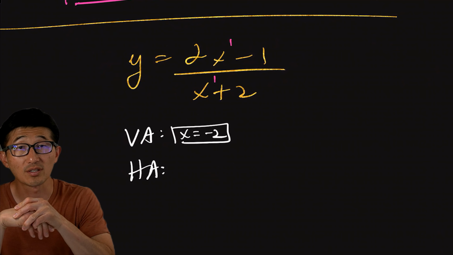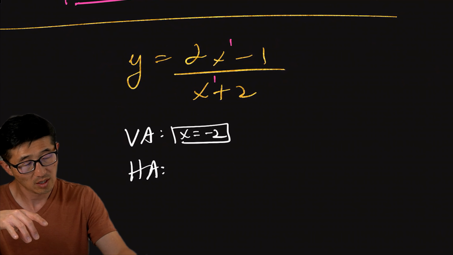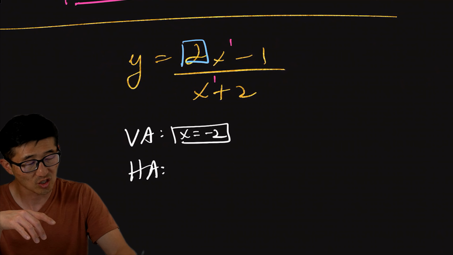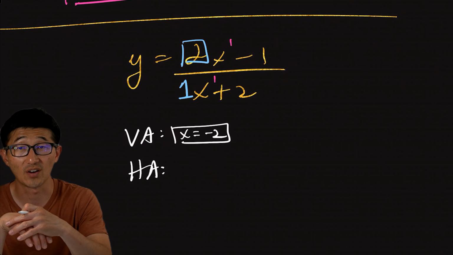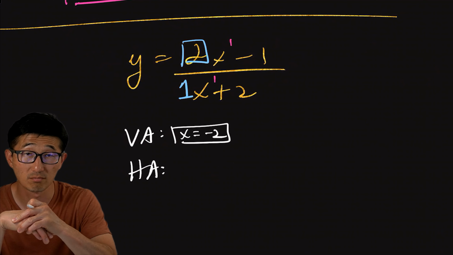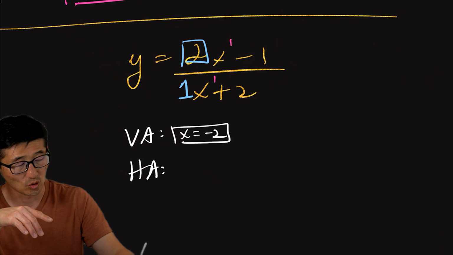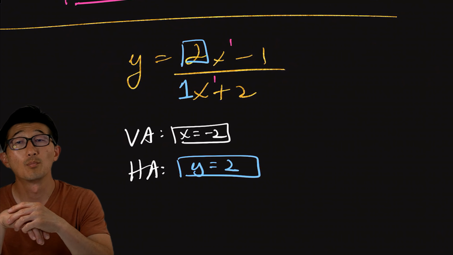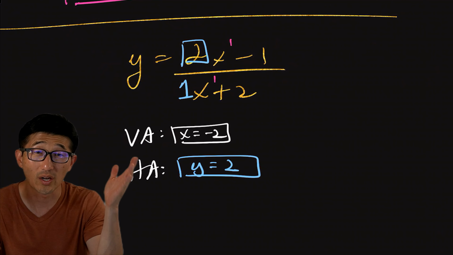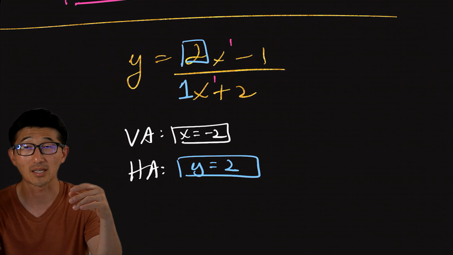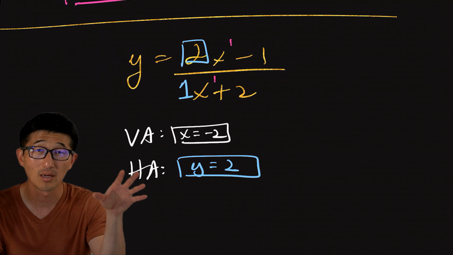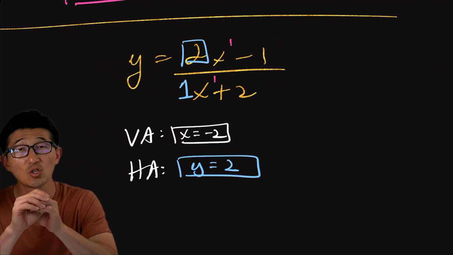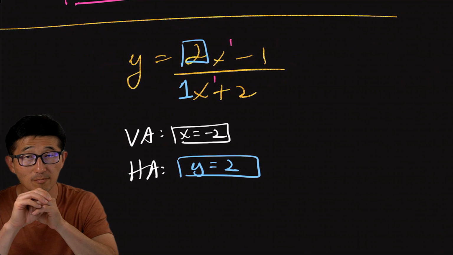When the exponents are the same, all you have to do is look at the coefficients 2 and 1 and just divide. So 2 divided by 1 is what? 2. So you say y is equal to 2. But that's not the way you want to learn it because it just becomes like a do this and bam. In calculus, you actually have to know what's going on, right?